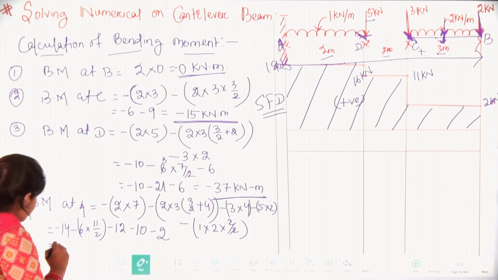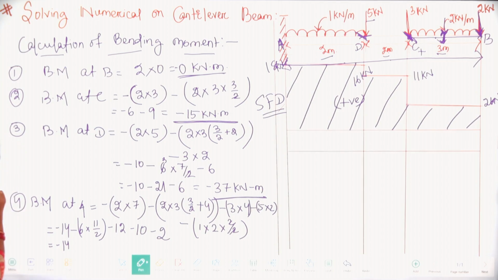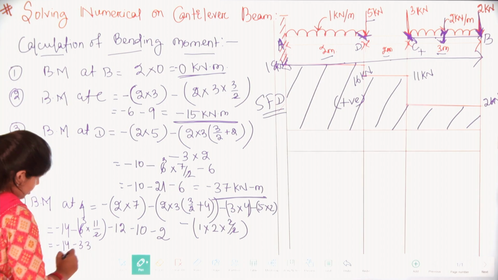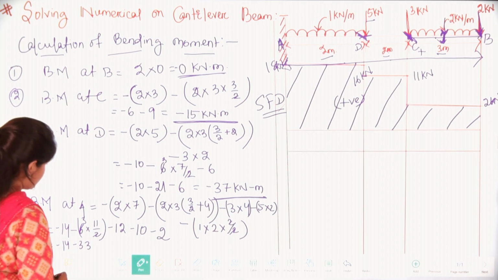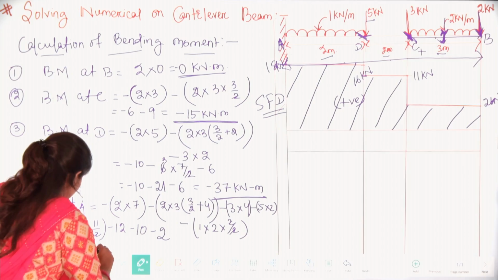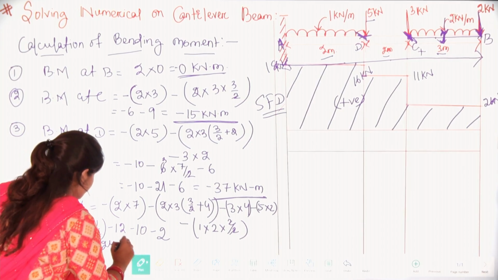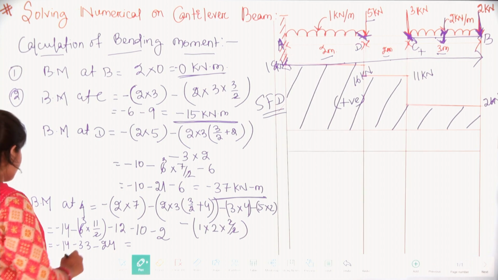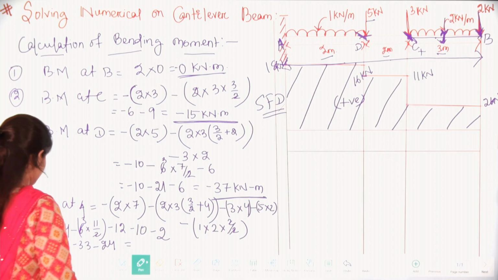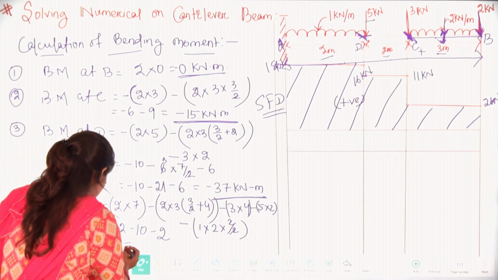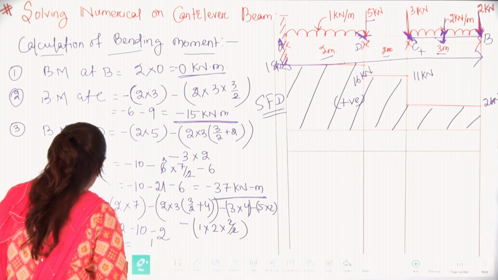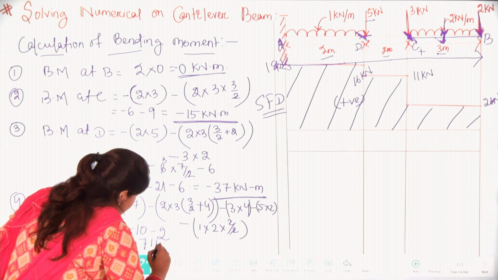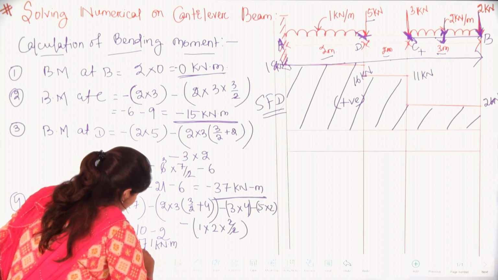So it will be minus 14 minus 33, here minus 24, that is 12, 10 and 2. So minus 24 minus 14, that is 71, minus 70 kilonewton meter.